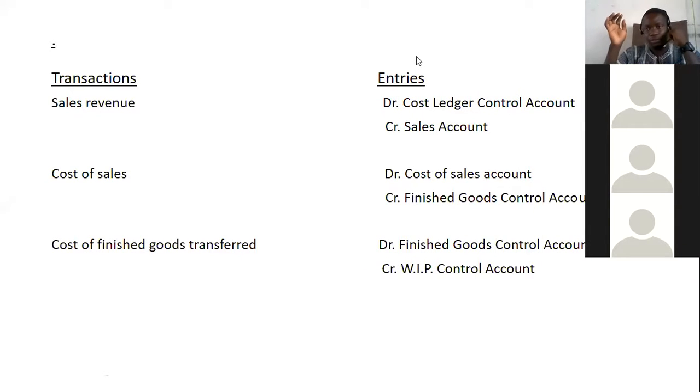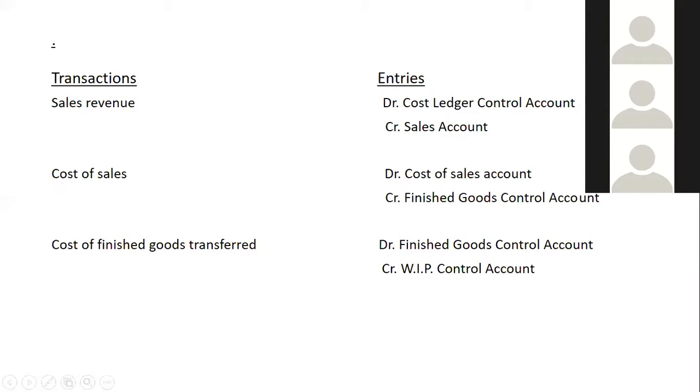All right. So that means everything has been understood perfectly. Cost of finished goods transferred. So we are debiting our finished goods control account because we read that we are supposed to debit it with finished goods.